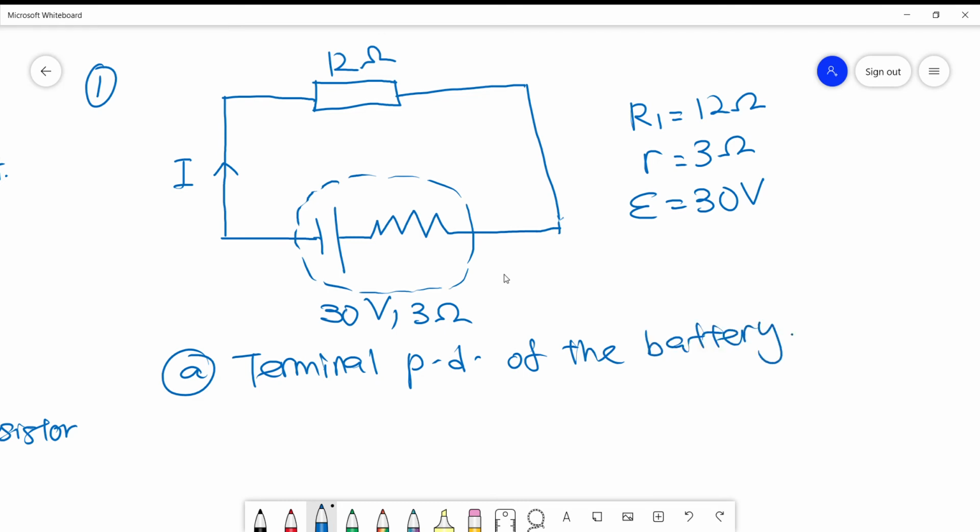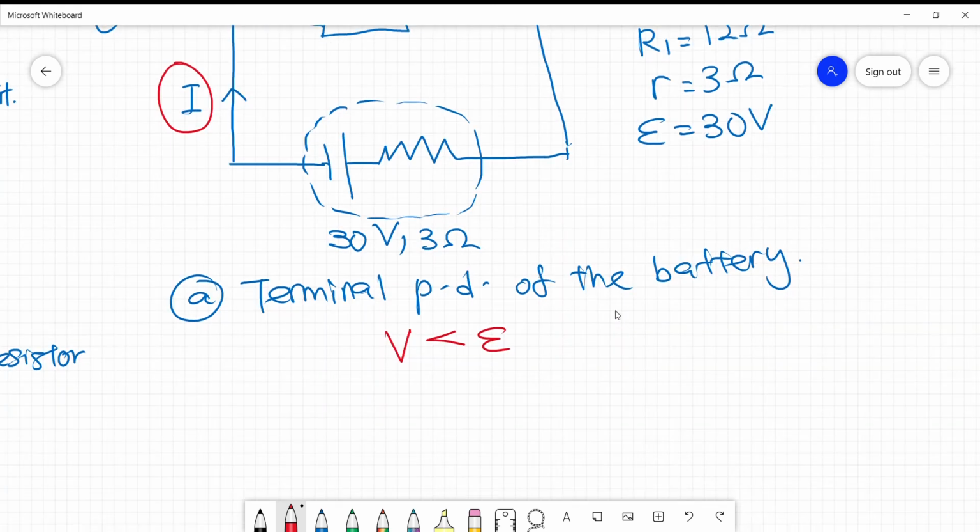For the first step, we need to know whether the current is flowing inside the circuit. The answer is yes, there is a current inside the circuit, so I can conclude that my terminal potential difference is less than the electromotive force.